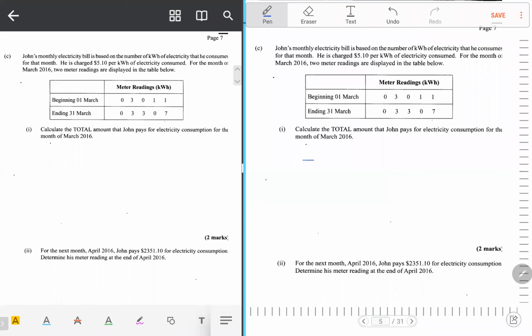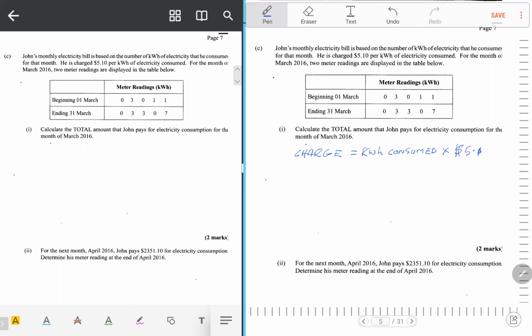All right, so the charge will be equal to the amount consumed, like kilowatt hours consumed, multiplied by the rate of $5.10.